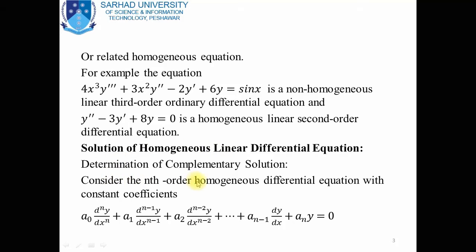Consider the nth order homogeneous linear differential equation with constant coefficients: a0 d^n y divided by dx^n plus a1 d^(n-1) y divided by dx^(n-1) plus a2 d^(n-2) y divided by dx^(n-2) plus and so on plus a(n-1) dy by dx plus an y is equal to 0.